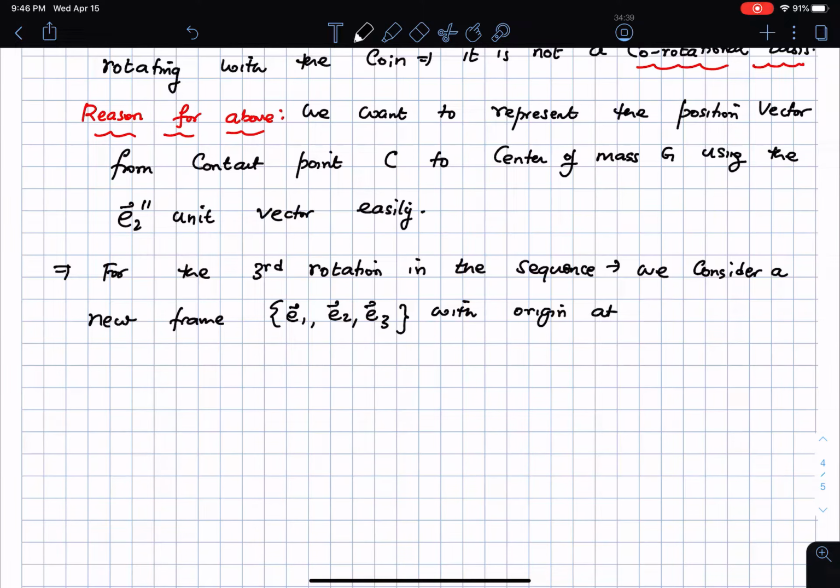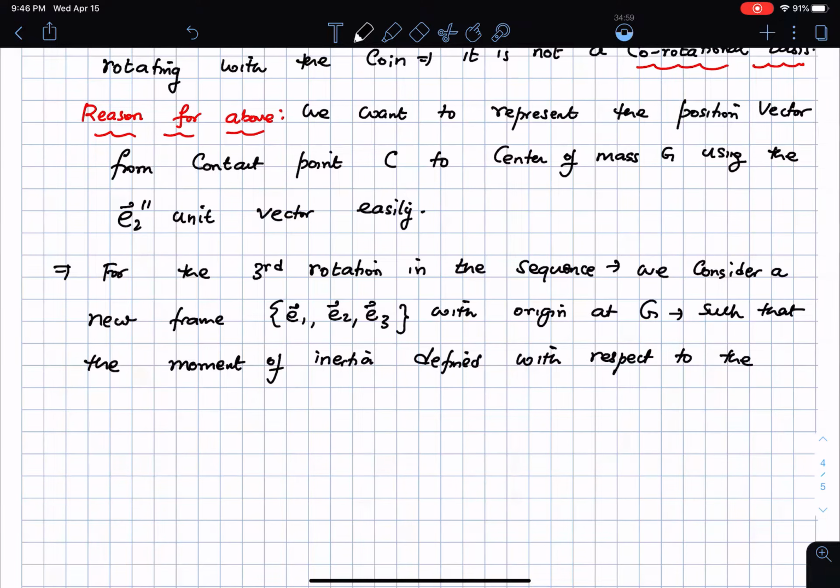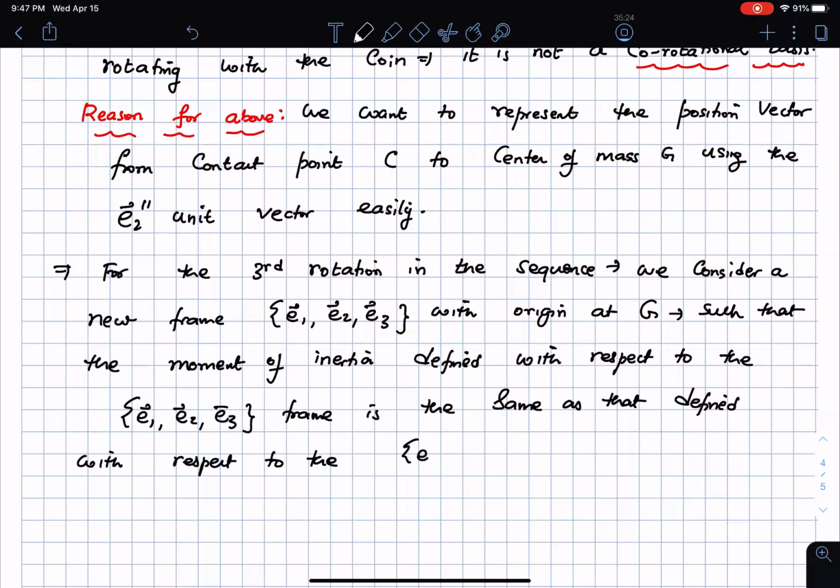Okay, with the origin at G, such that the moment of inertia defined with respect to the E1, E2, E3 frame is the same as that defined with respect to the E1 double prime, E2 double prime, E3 double prime frame, which essentially means that E1, E2, E3 and E1 double prime, E2 double prime, E3 double prime are both principal frames.